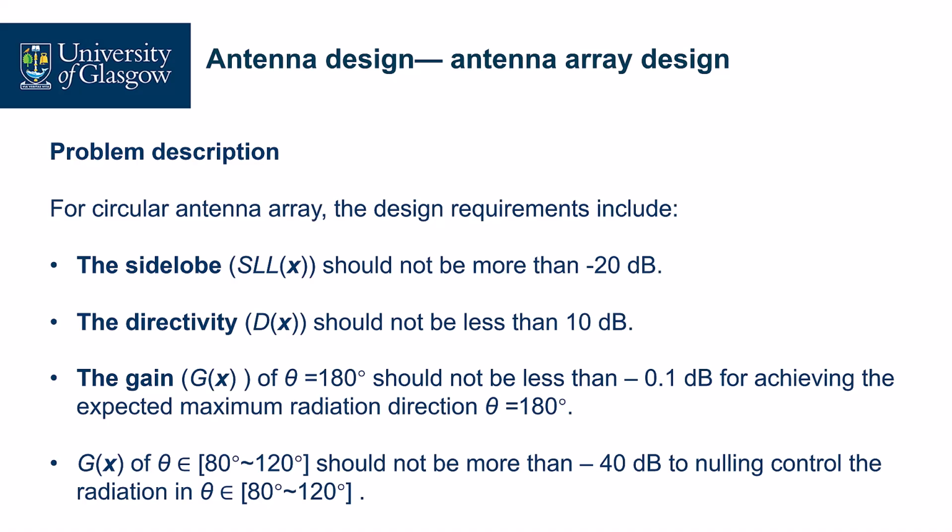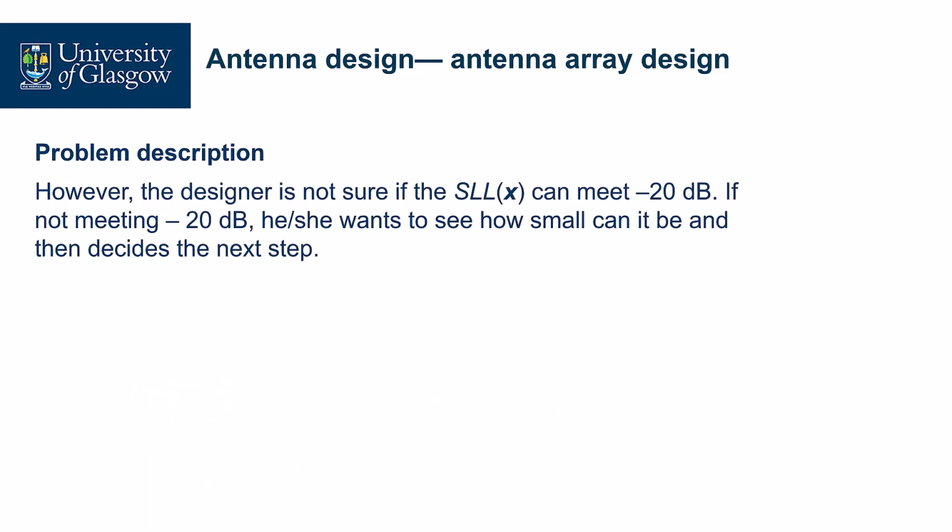So we can see these ones. We already know the design variables. For these specifications or requirements, we need to consult the antenna designer on how he or she would like to treat them. The designer said he's not sure if the SLL can meet minus 20 dB.